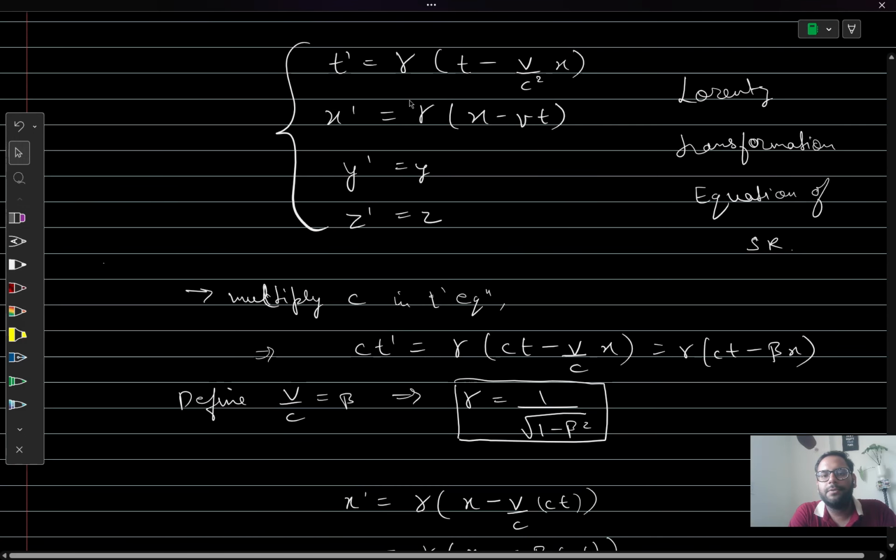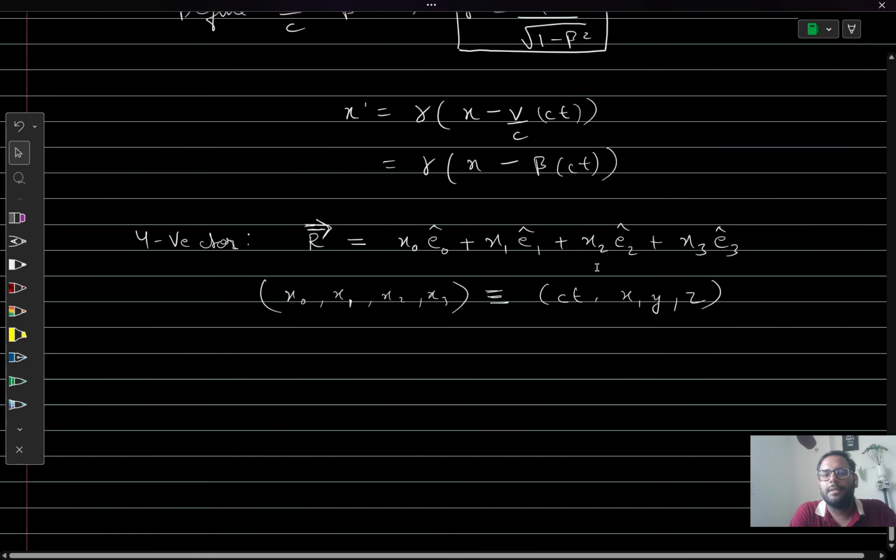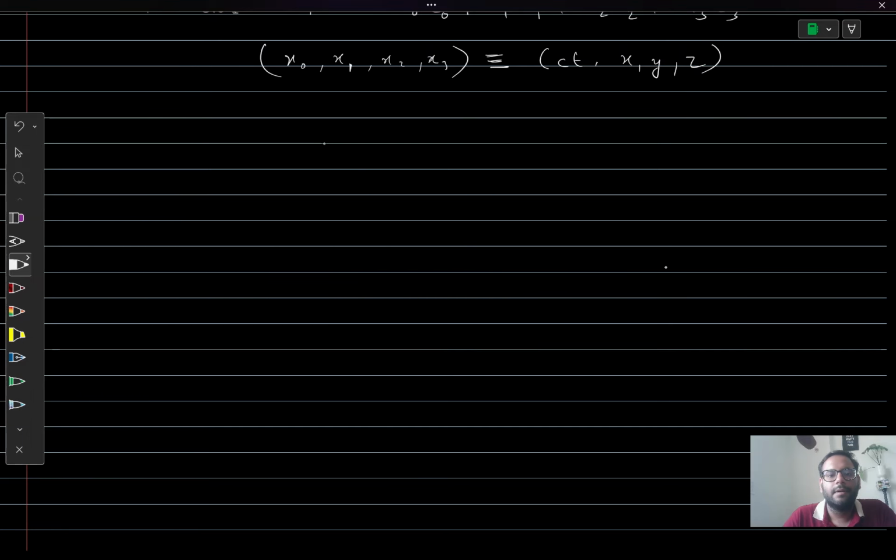So you can rewrite these equations in a more symmetric way, as I have written already: x0 prime is gamma x0 minus beta x1, and x1 prime is equal to gamma x1 minus beta x0. You can check it, and these two are the same.